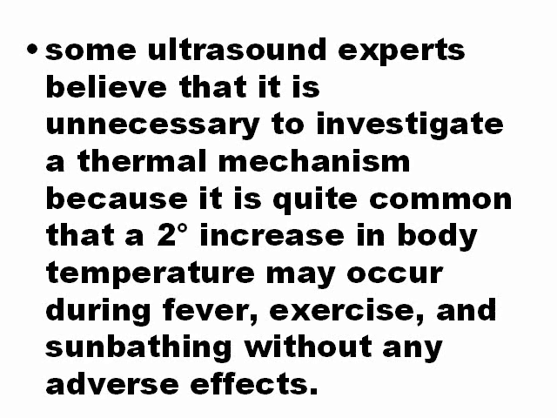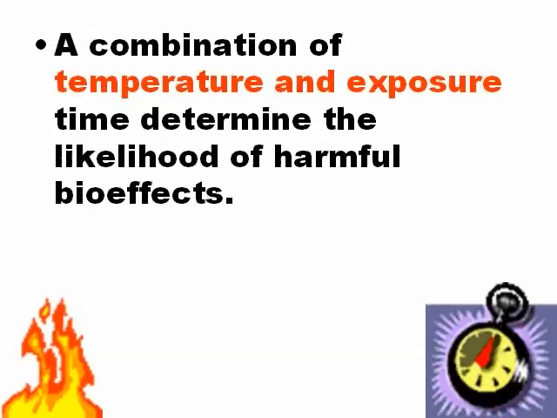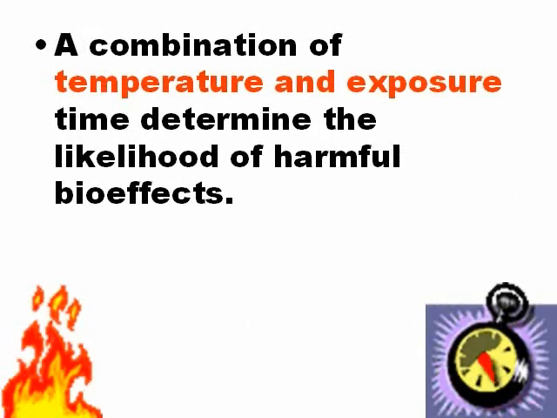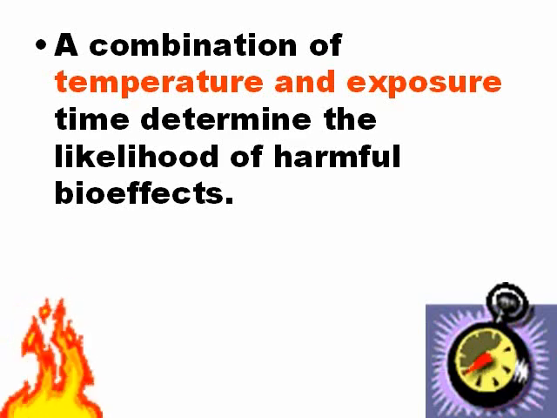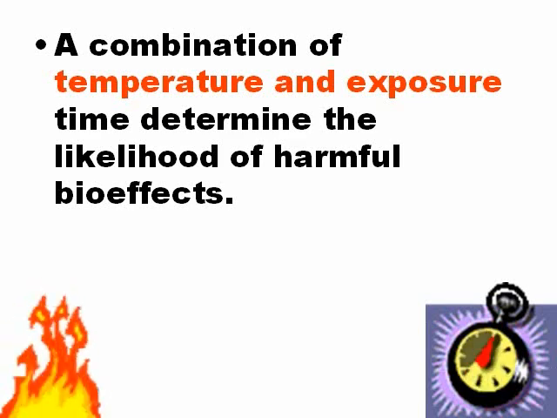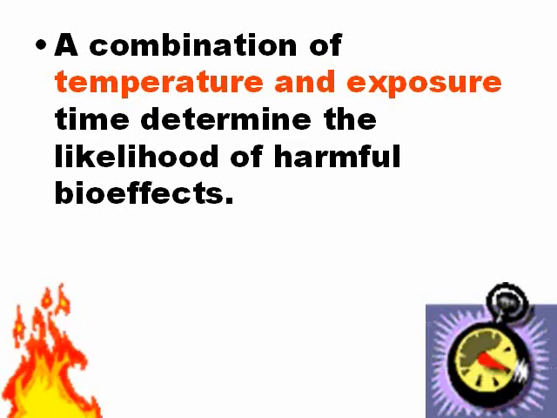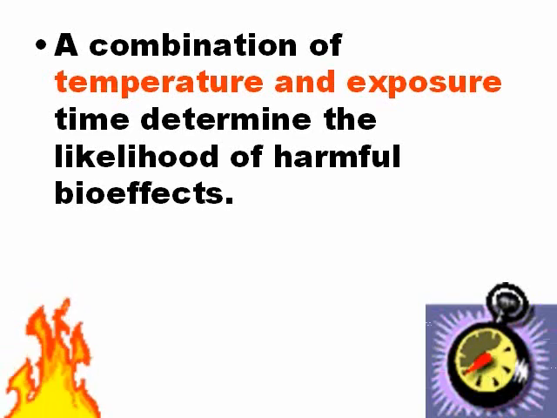The body can deal with minimal change in temperature and continue working normally. For this reason there must be a combination of temperature and a long time to produce these bioeffects.